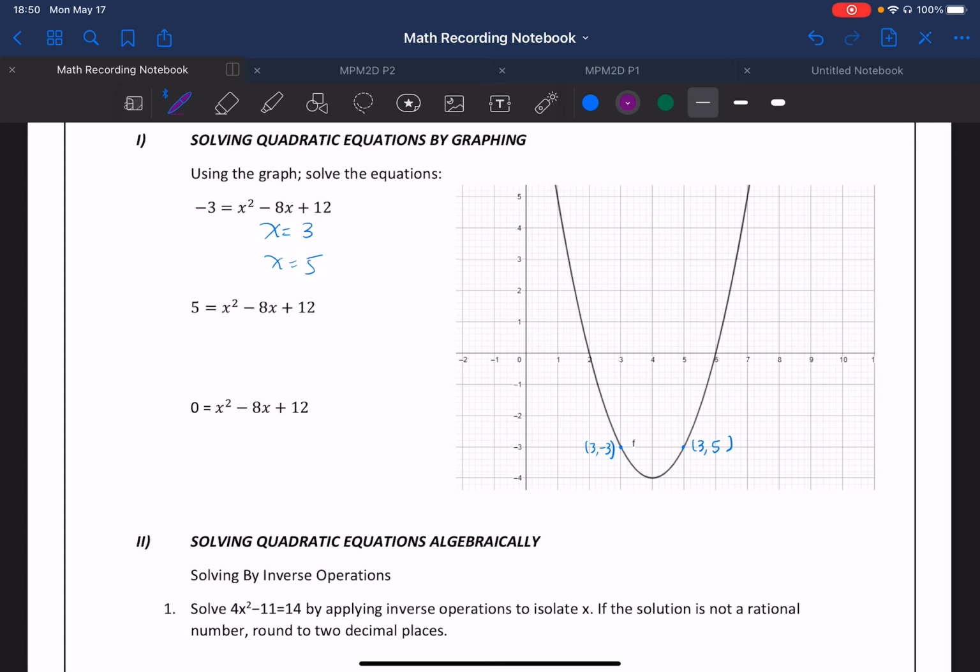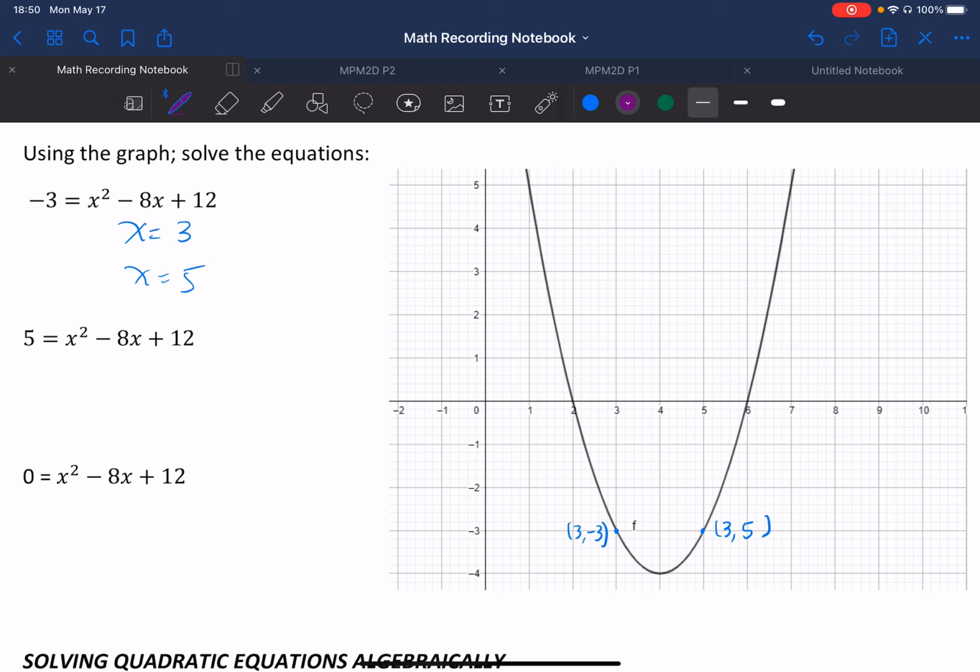Our next one is asking us to find the solutions for when this equation equals 5. So we're going to look on our graph and see what the x values are at 5. We can see here, the first one's at 1 and 5. And then on the graph again, we can look for the other point in which the graph has y equaling 5, which is at 7 and 5.